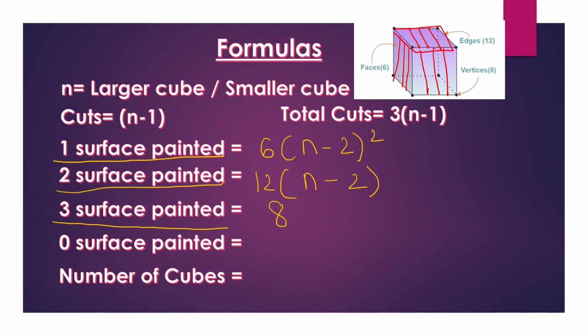Directly it will be 8 because 8, they are the vertices in a cube. So when three surfaces of a cube are painted, the answer will be 8. When zero surface is painted, formula for that will be n minus 2 the whole cube.